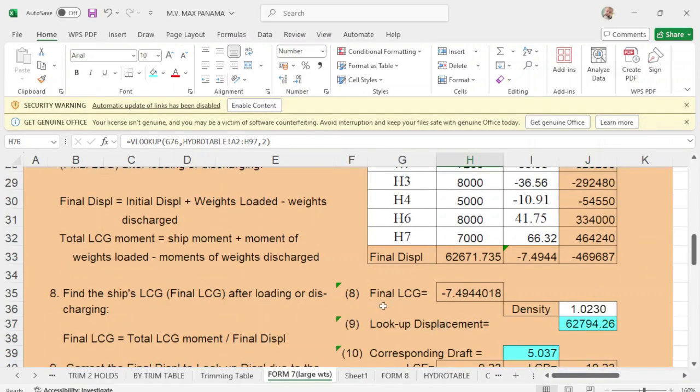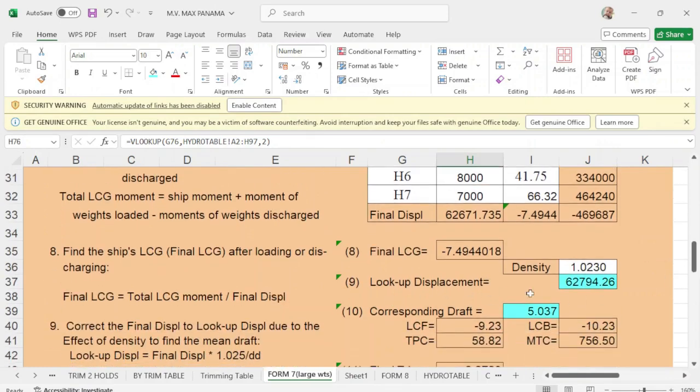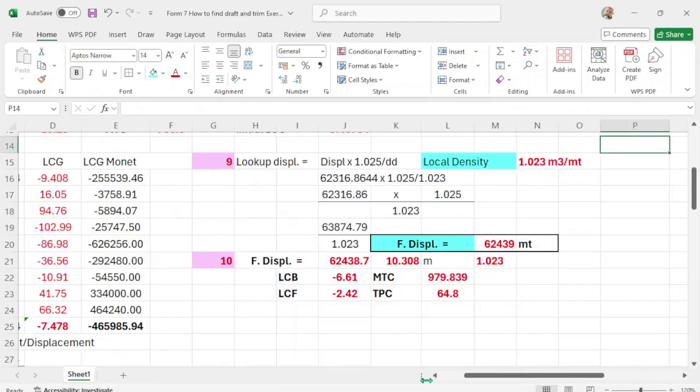So you have already your final LCG, and number 9 will be the lookup displacement. Then you will have this displacement after applying this local density 1.023. Okay, I will explain it to you.